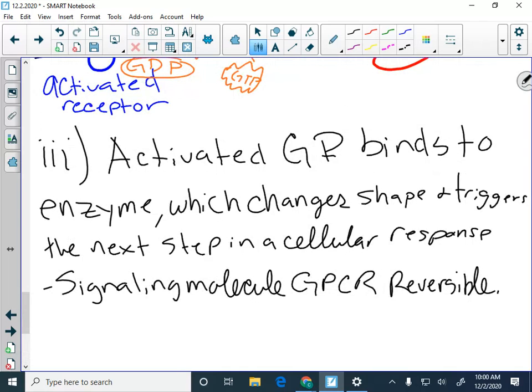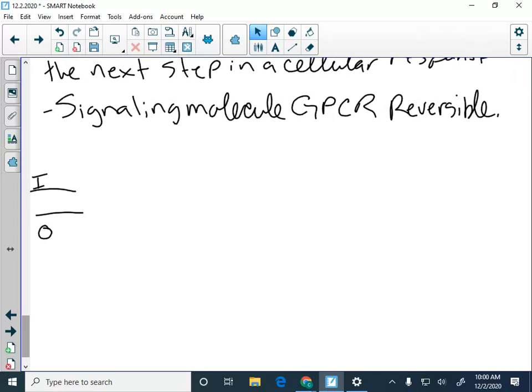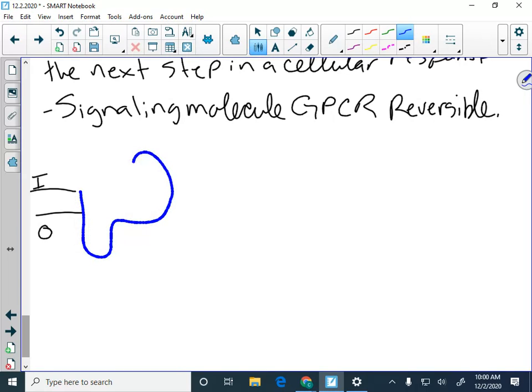So we'll get our picture. Start with our same inside outside. Our G protein coupled receptor is back to normal because our signaling molecule has left.